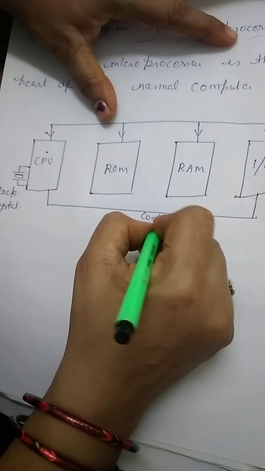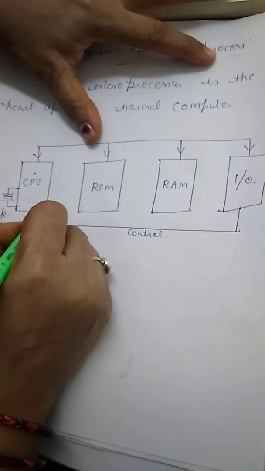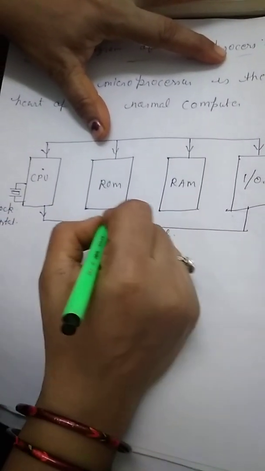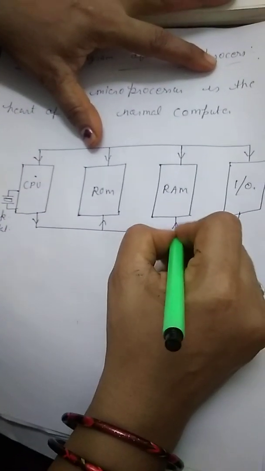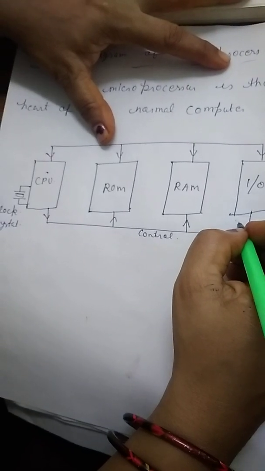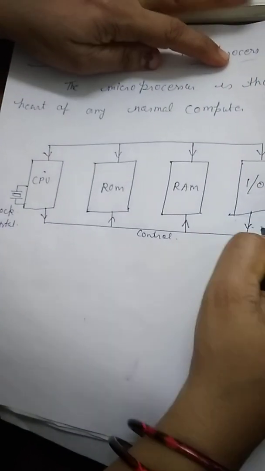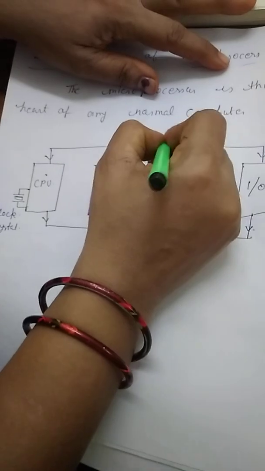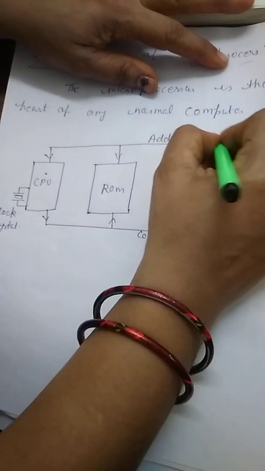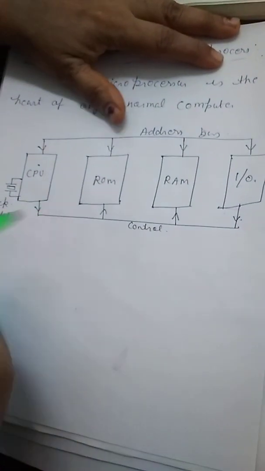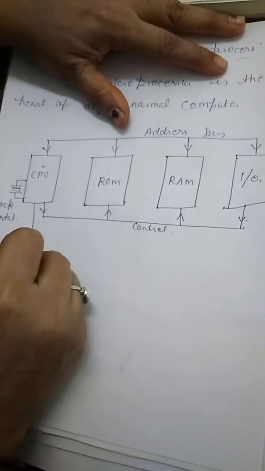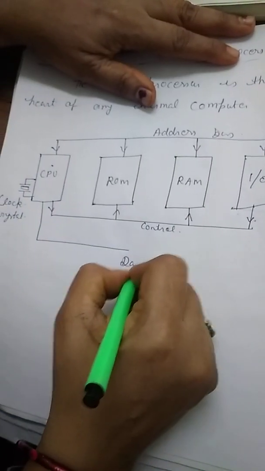And this is your control bus. It is also connected to the CPU, ROM, RAM, and input output device. This is your address bus. This is also connected. Signal goes to the CPU, RAM, ROM and input output device. Okay, this is your data bus.